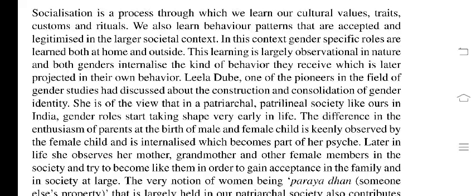The difference in the enthusiasm of parents at the birth of a male and a female child is keenly observed by the female child and is internalized, which becomes part of her psyche. Later in life, she observes her mother, grandmother and other female members in society and tries to become like them in order to gain acceptance in the family and in society at large.